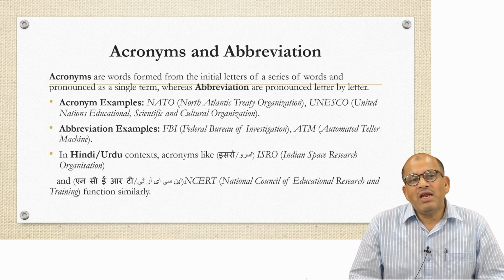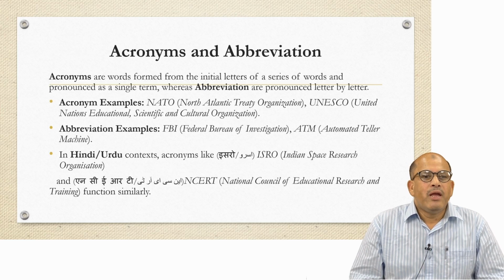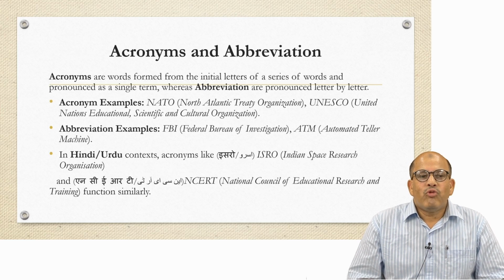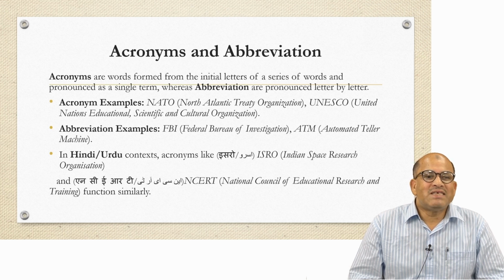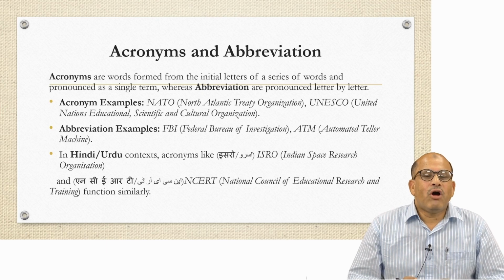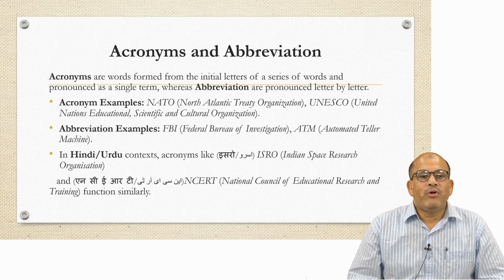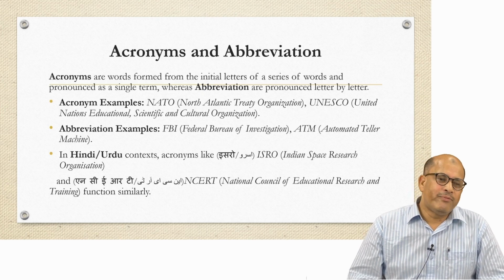Then we have acronyms and abbreviations. Acronyms are words formed from the initial letters of a series of words and pronounced as a single term, whereas abbreviations are pronounced letter by letter.